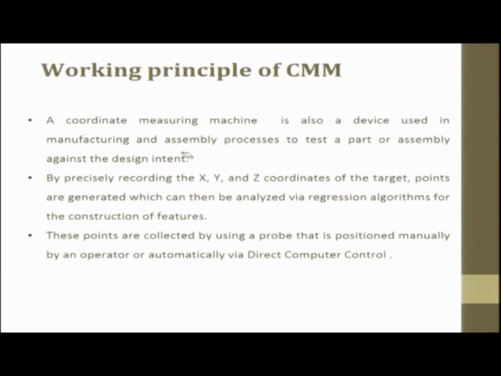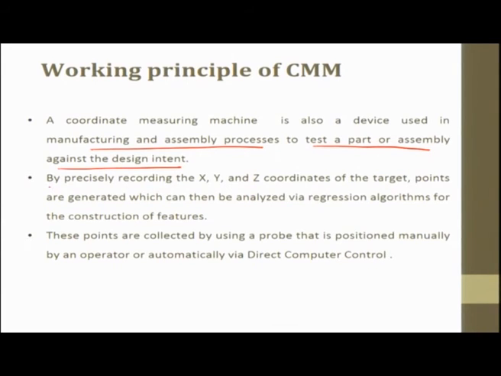Now the working principle of CMM. A coordinate measuring machine is a device used in manufacturing and assembly processes to test a part or assembly against the design intent. What is our design intent? Against that we test whether our part or assembly meets it or not.